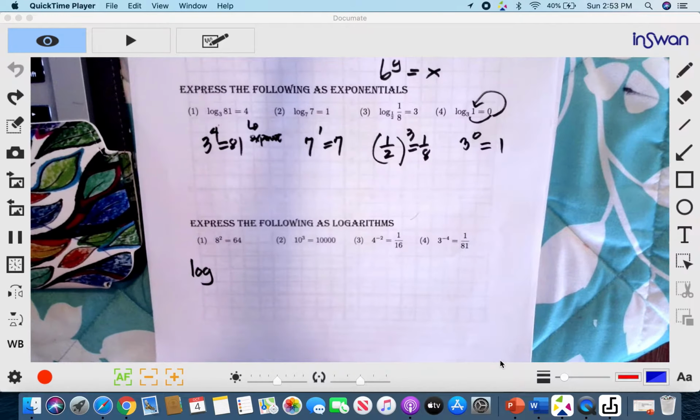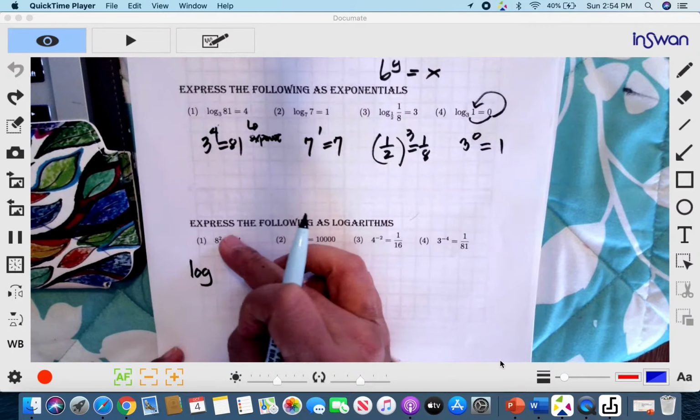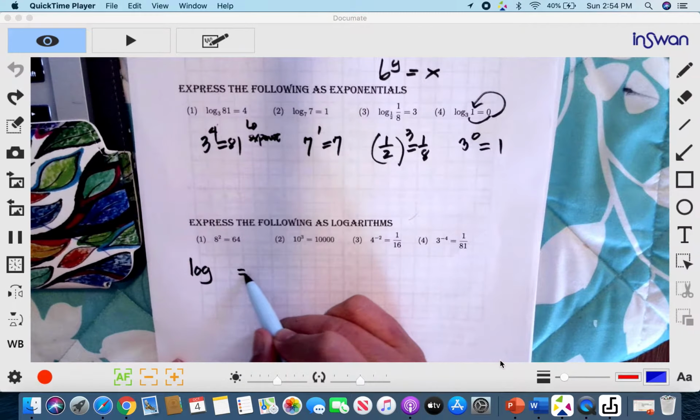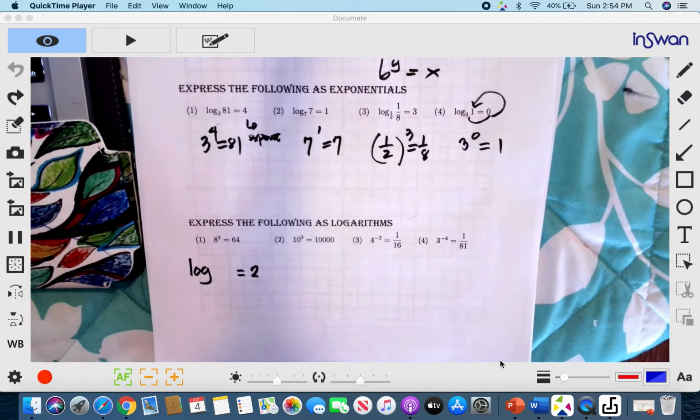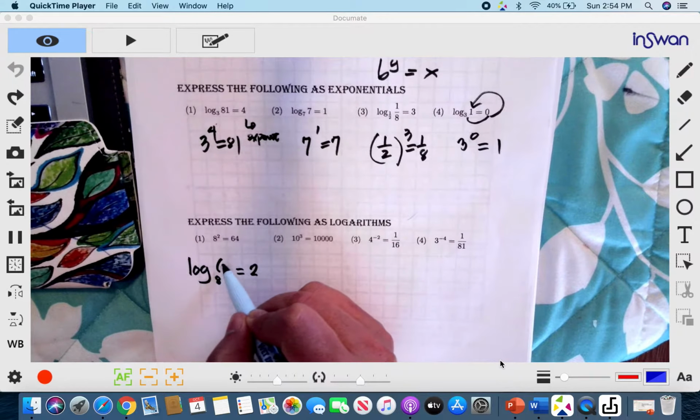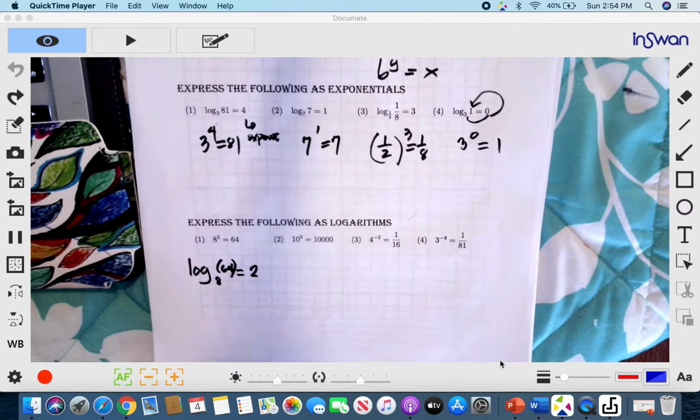Of course, base is written under. And you need to know the concept of the logarithm: it means the exponent. The exponent here is 2. So therefore, the equation is equal to 2. And your base is 8, written smaller than the usual. And this is your 64, which is your power.